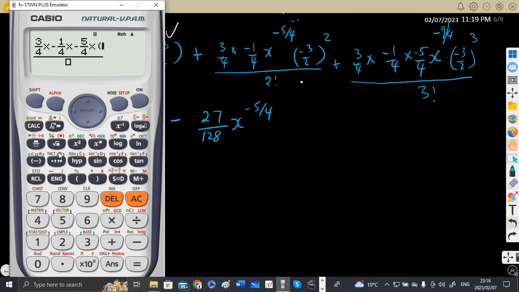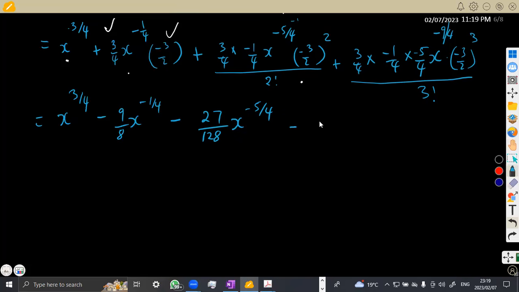Then everything over 3 factorial. So it's negative 135 over 1024. All right, that's what we are actually having.